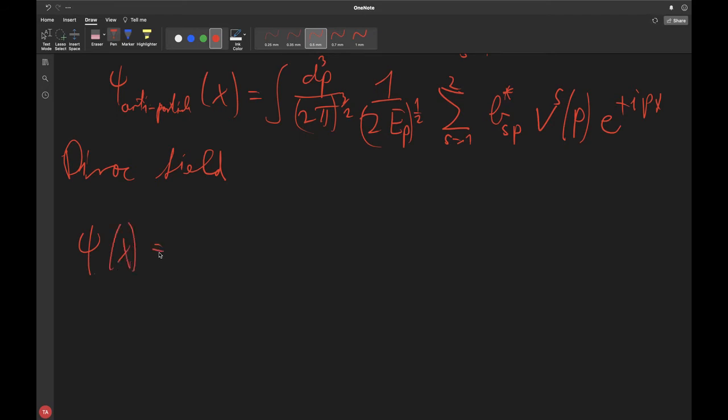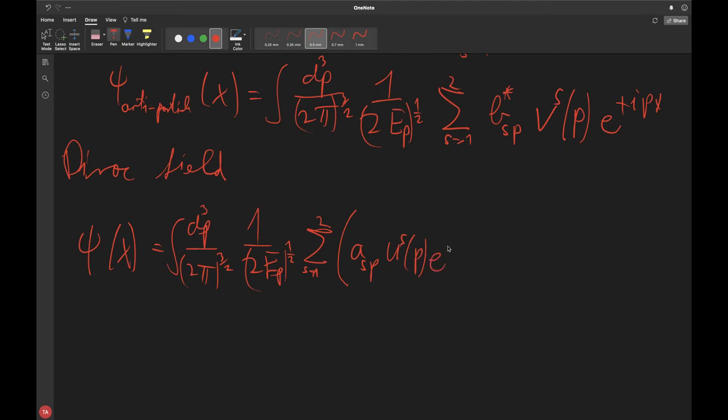So psi(x) is the same as the integral d^3p over (2π)^(3/2), (1/(2E_p)) under the square root, and the sum for the spin from 1 to 2 of the a_sp, which goes together with the u_s, again a function of p, exponential with the minus sign, plus the b star for different spins and momentum, v depending on p, different spins, and the exponential is with the plus sign ipx.